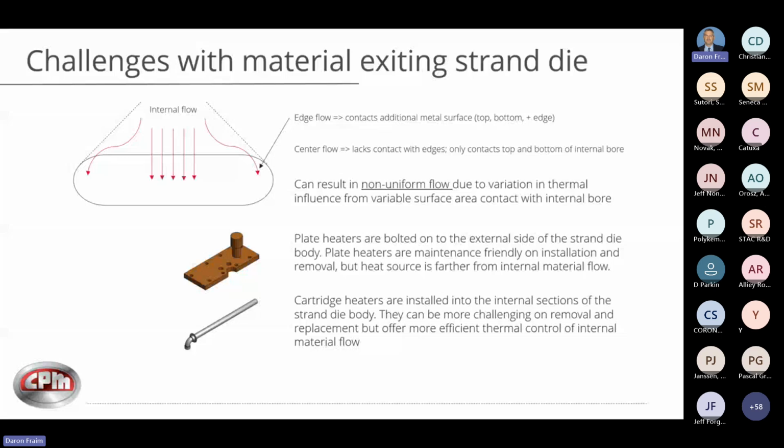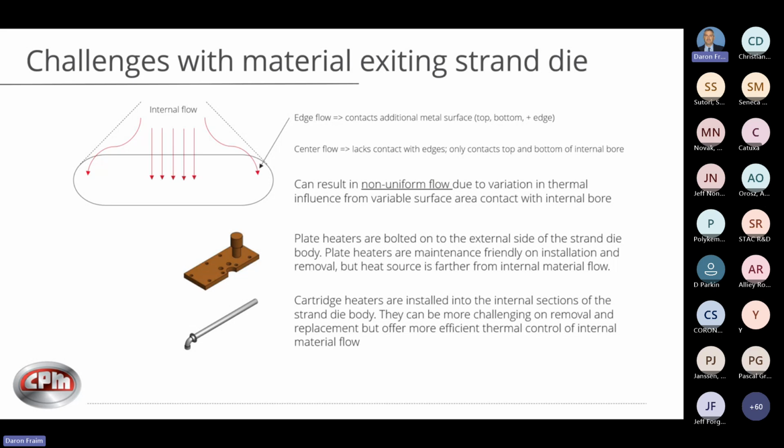When we look at different plate heater or cartridge heater designs, there's good and bad to these. The key difference is that the plate heaters are a lot more user friendly for maintenance in terms of replacing or installing. They bolt on, so they can easily be removed and replaced when they burn out. Whereas the cartridge heaters are more challenging to remove, depending on how long they've been in there.